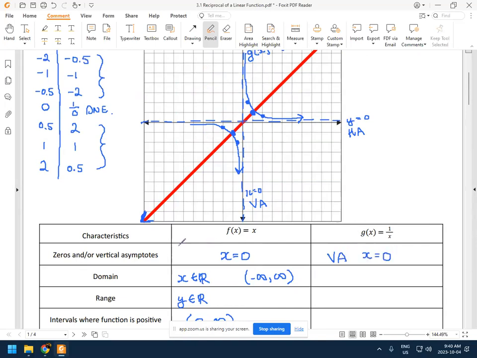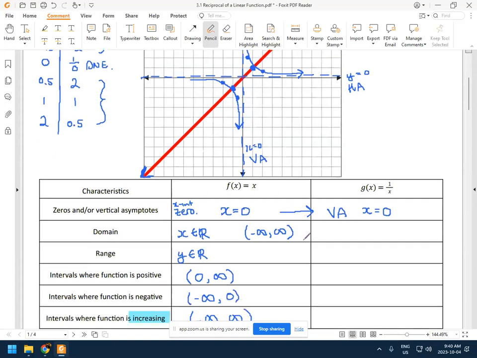So I'm going to add a little note here saying x equals 0 was an x-intercept, but for the reciprocal, that same point turns into a VA. Domain. Because I have a VA, the domain is, once again, x is an element of the reals, except that because I have a vertical asymptote, I have no choice but to exclude that from my domain.